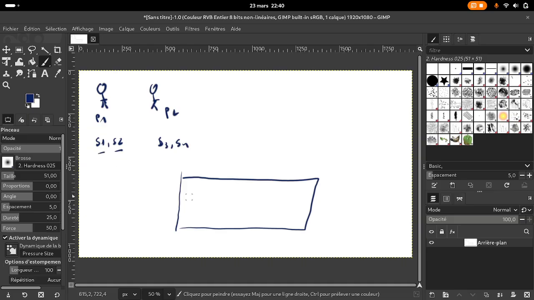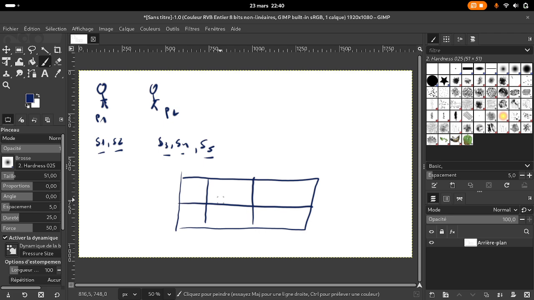Player 1 has two strategies, so it has two rows, and as many columns as the number of strategies of player 2. Say he has 3 strategies, so we'll have 3 columns, 1, 2, 3.